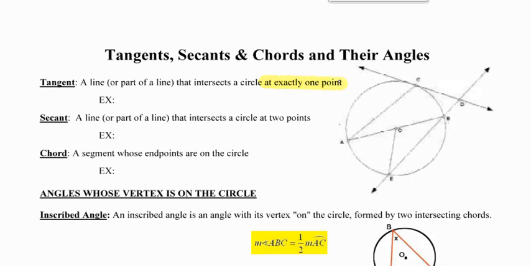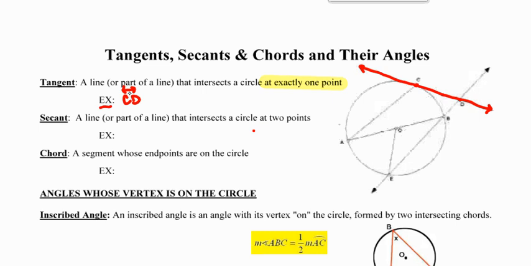So if I were to look over at the picture that they very nicely provided for me here in the notes, line CD, at least I think that's a C, and that's a D. So line CD or line DC would intersect that circle at exactly one point, making line CD a tangent.